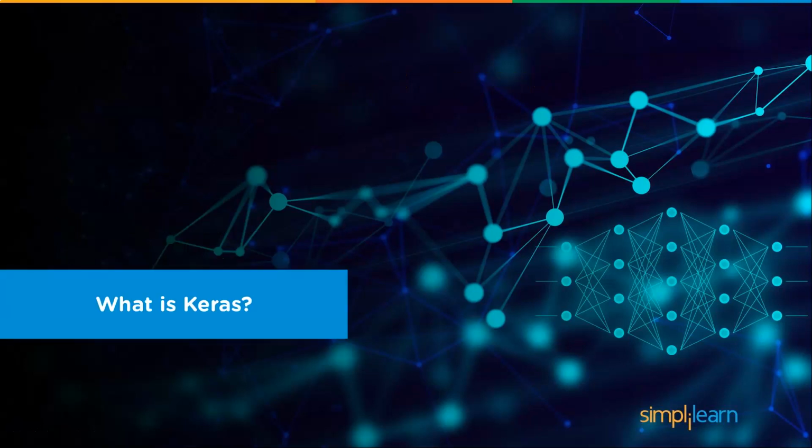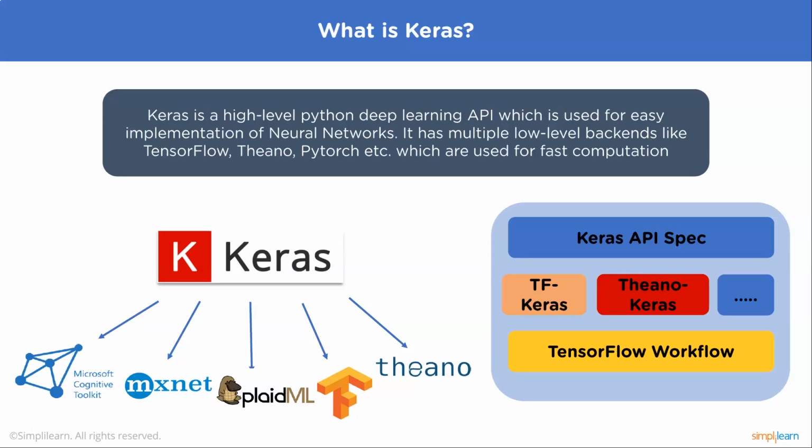So what is Keras? Keras is a high-level Python deep learning API, which is used for easy implementation of neural networks. It has multiple low-level backends like TensorFlow, Theano, PyTorch, etc., which are used for fast computation. So you could think of this as Keras being almost its own little programming language, and then it sits on neural networks.